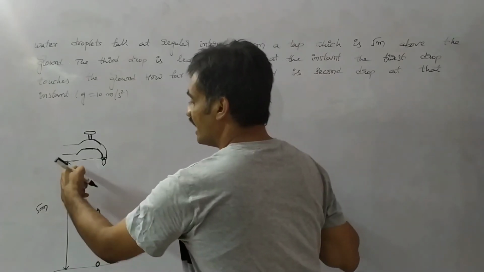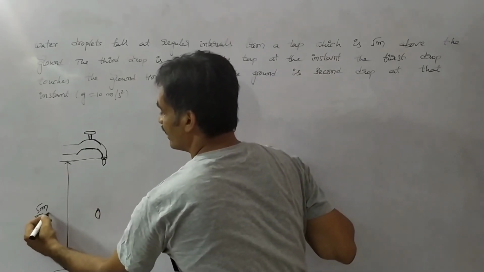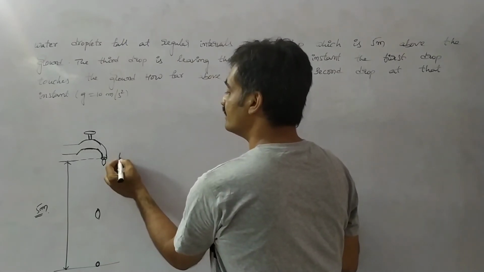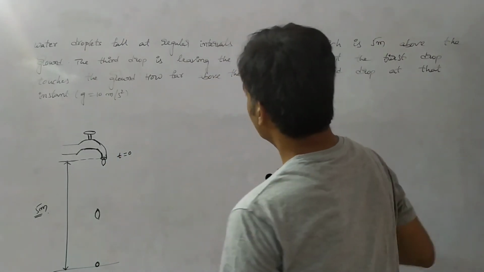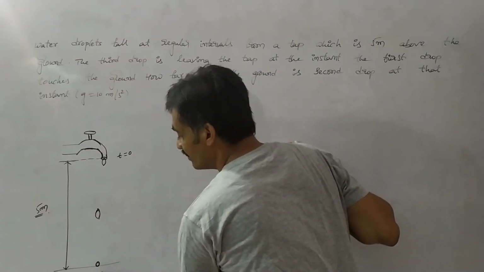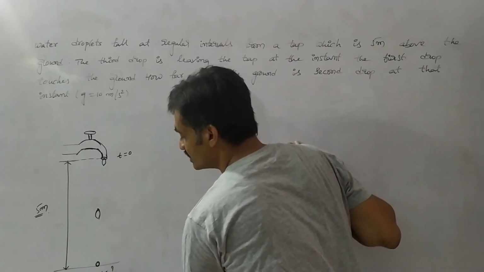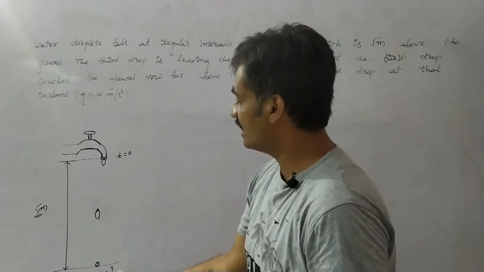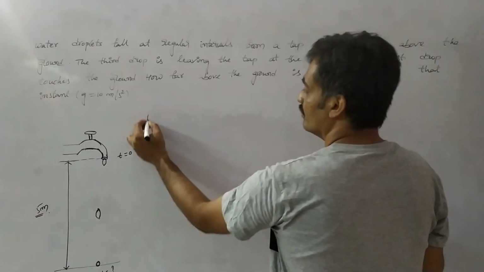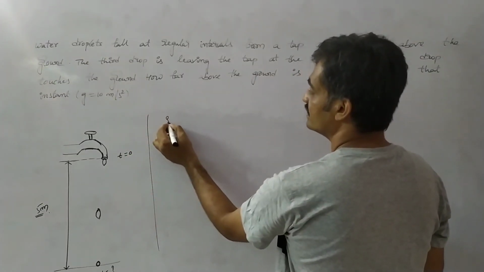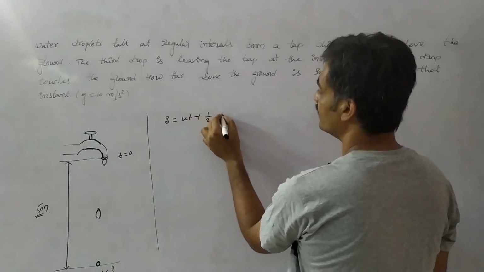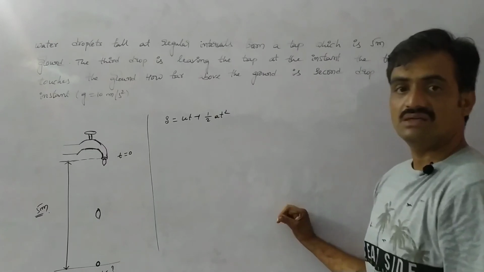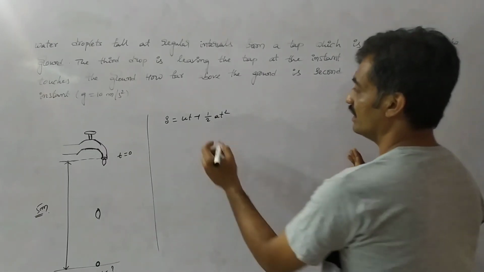So the height of the tap is 5 meters. The time at which the first drop leaves the tap is considered as 0. Now we have to find the time taken by the first drop to touch the ground from this height. So we consider the equation s equals ut plus half at square.